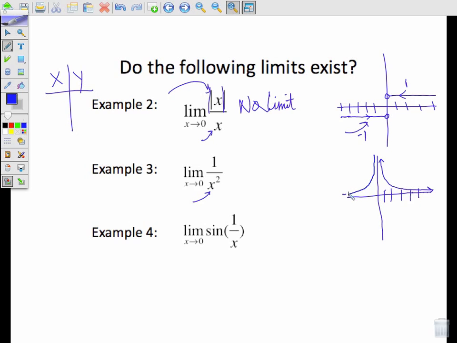It's slowly getting closer and closer to 0. So we're looking at y values here. As x increases on the right side, the output is slowly going to positive infinity. And as x gets really small, it's slowly going to negative infinity. So it's going to infinity here, and they're not consistent. So this is, again, no limit.